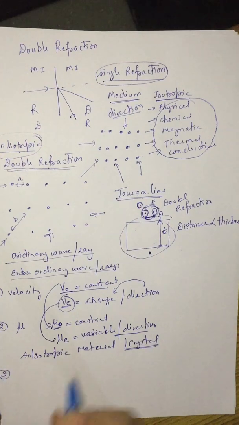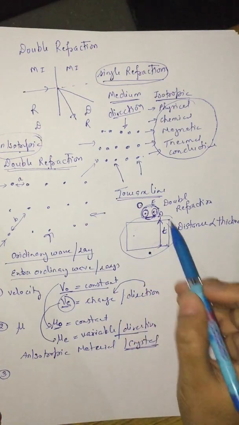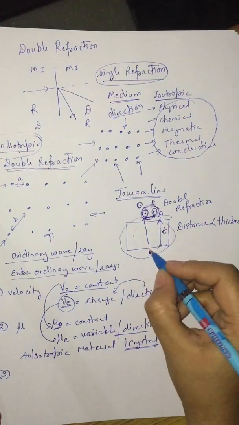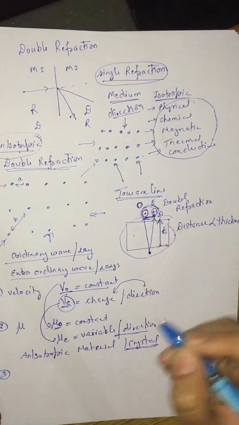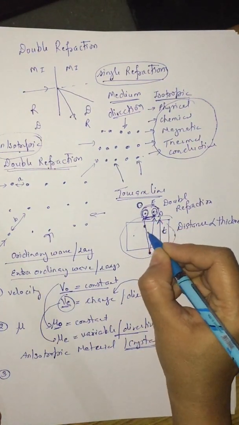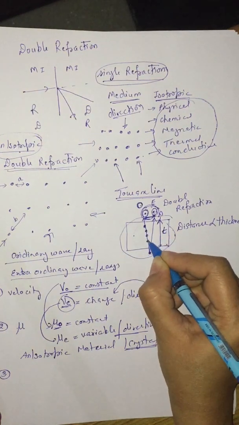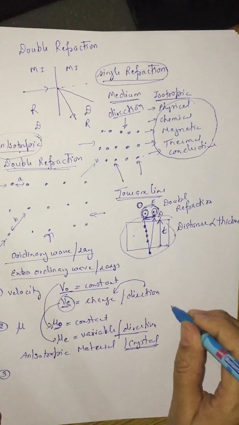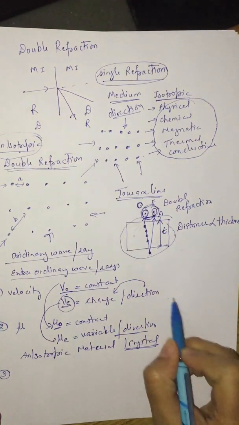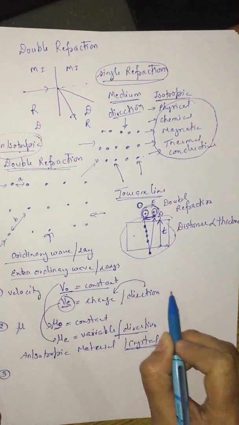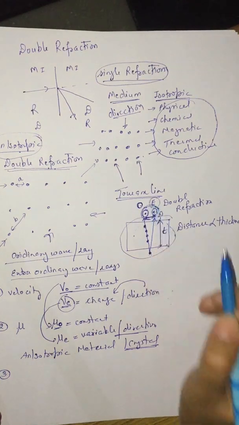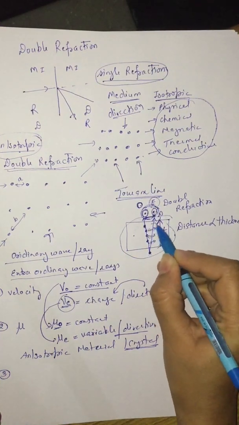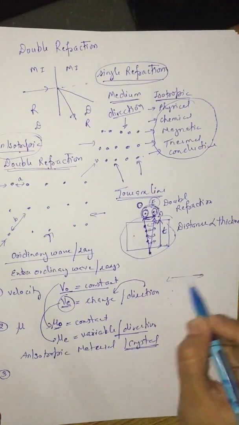If we discuss the polarized behavior of these two waves which form the ordinary image and extraordinary image, the ordinary wave vibrates perpendicular to this paper. It means the photons of this wave move like this, and in the extraordinary wave the photons are moving on this paper.